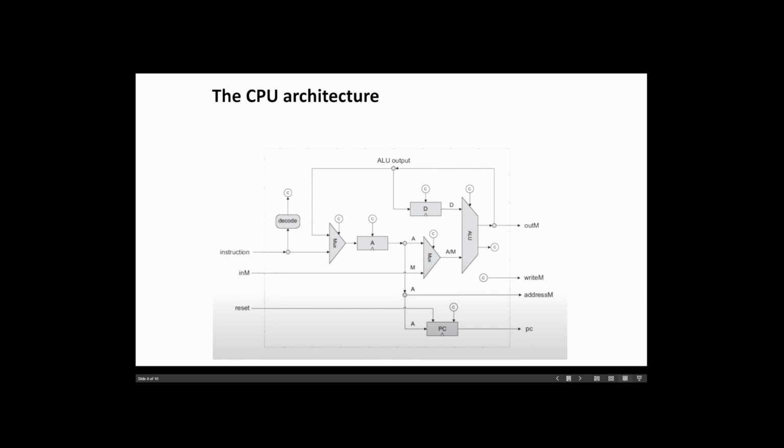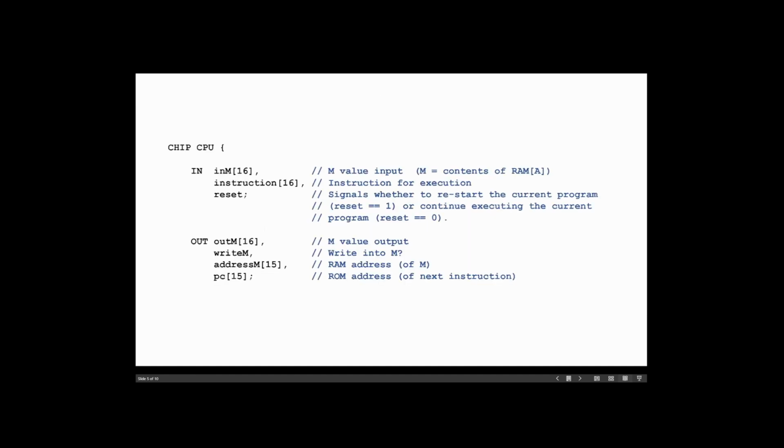Now that we have identified the inputs and outputs of the CPU architecture, we can implement the code of the CPU. This slide shows the chip name and the names of its input and output pins. Since we are implementing the CPU chip, the chip name that we are going to write for this code is CPU, as shown in this code.